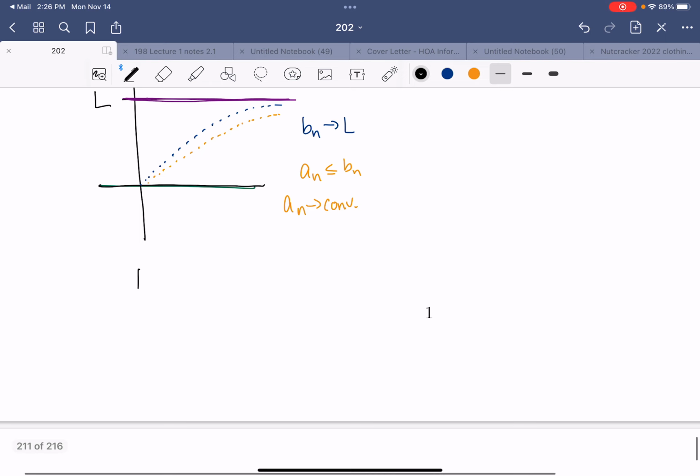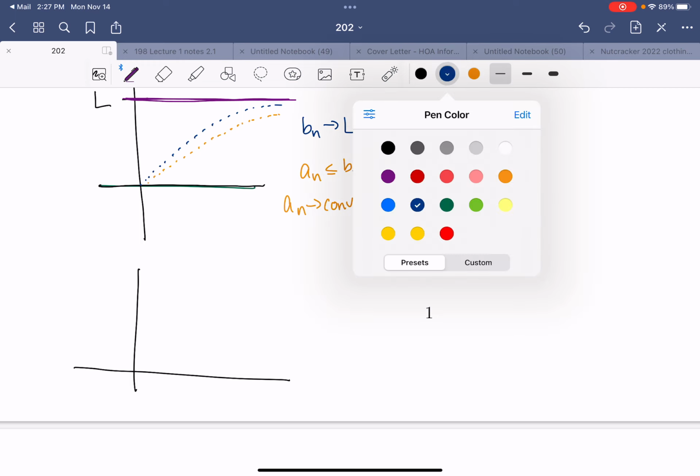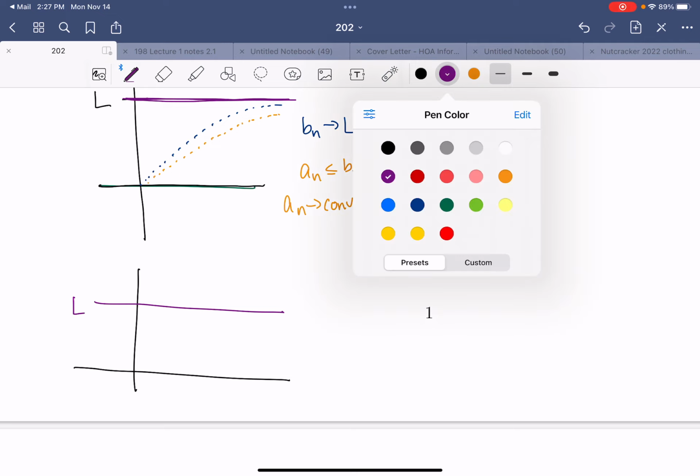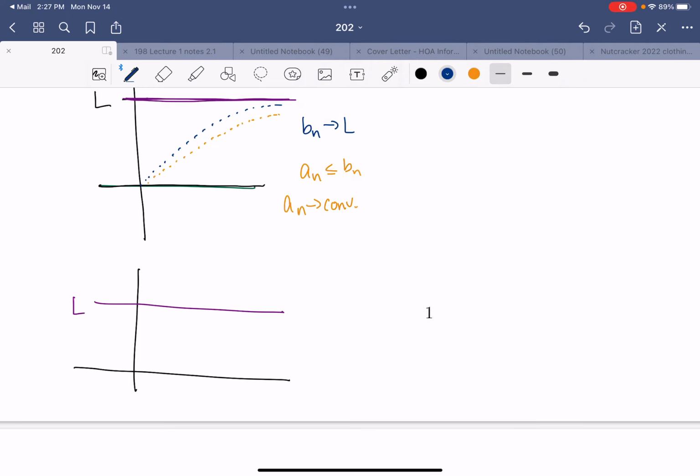Now, is that true if I do the same thing but make it increasing? So if this is my plot, and we're going to make the same thing we did up here. So here's my L. And BN still goes to L. But now my AN is greater than or equal to that BN.